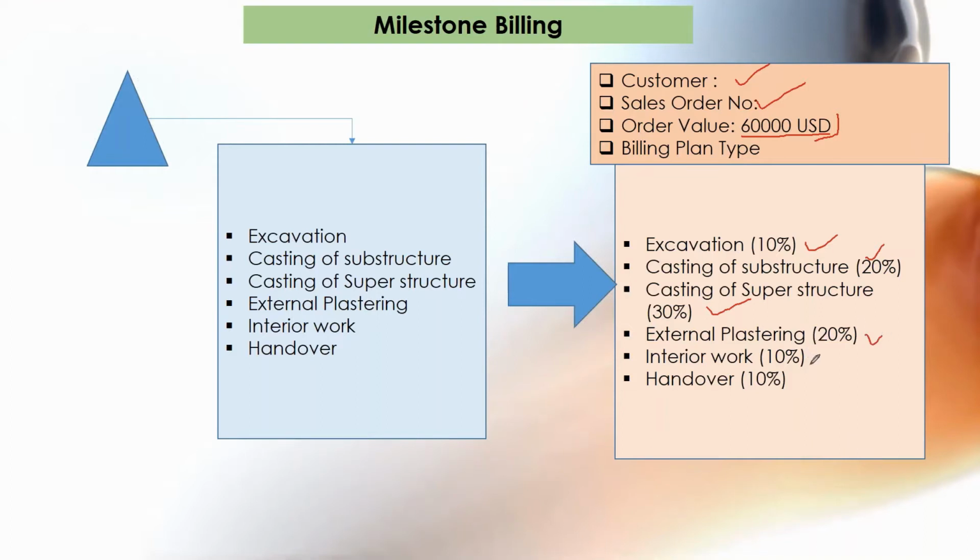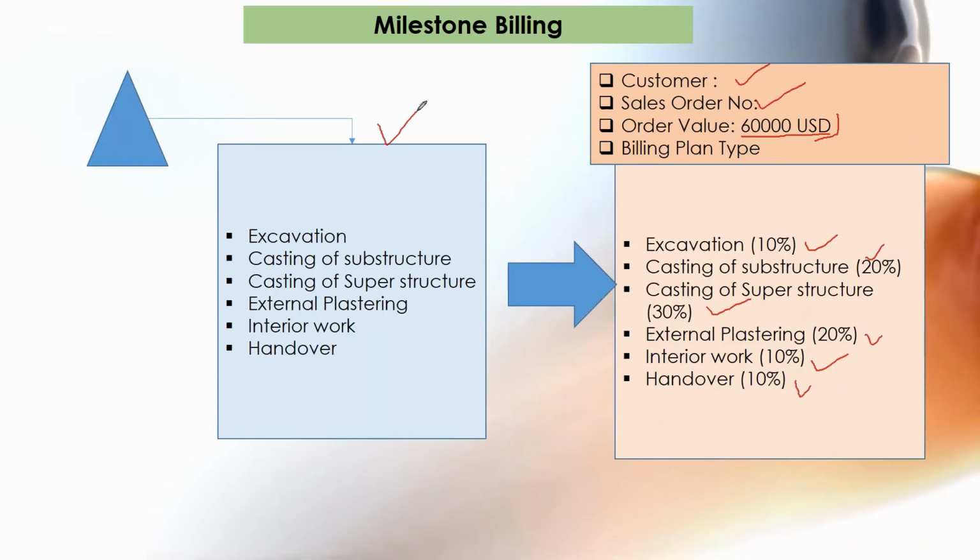Once the interior work is done in your flat, then 10% will be paid. And when you get the handover, at that time 10% will be paid. So it is a total of 100%: 10, 20, 30 plus 20 is 50 and 30 is 80, and 10, 10. It is 100% total. So how will this be taken care of from the construction side?